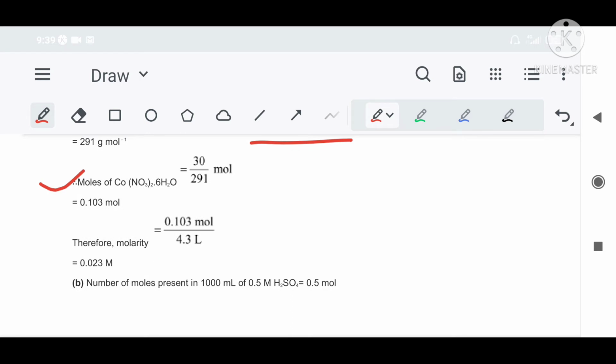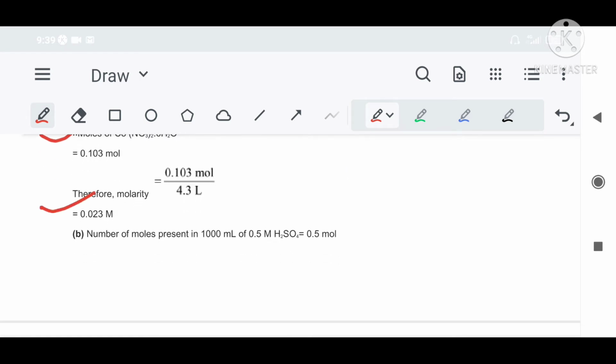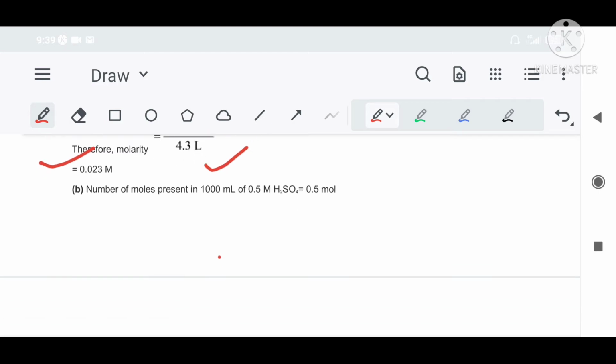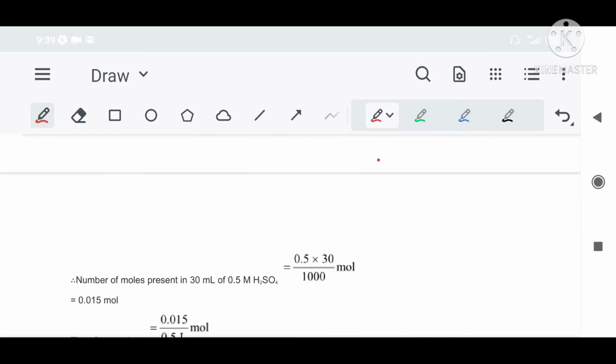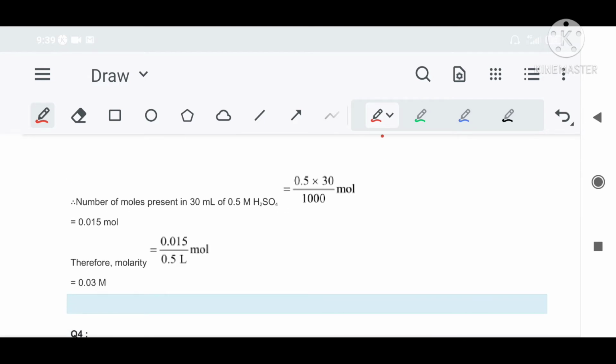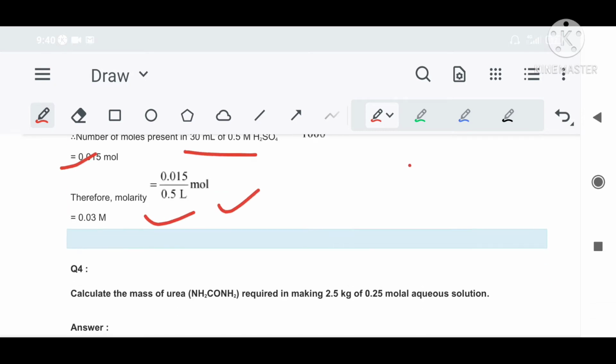After that the moles, then molarity we can find out by moles per liter. So the moles are here and the liter is also given in the question. Then the number of moles present in 1000 ml of 0.5 M H2SO4 is 0.5 mole. So the number of moles present in 30 ml is 0.5 into 30 upon 1000. Then we can have the molarity, that is 0.03. These are moles, and from moles per liter we can find out the molarity.